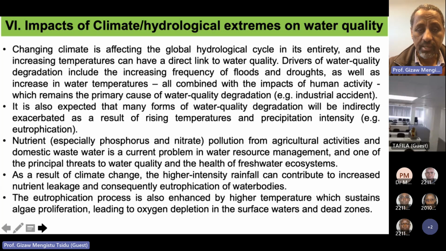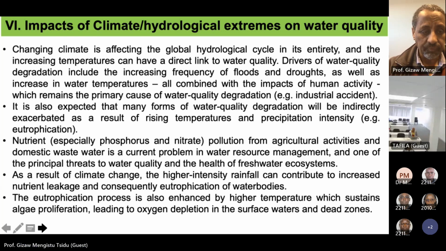What this degradation could include, well, the water quality could be affected by flood, could be affected by droughts, could be affected by different cases. For instance, industrial accident could also cause water quality degradation, but this is basically because of human activity.